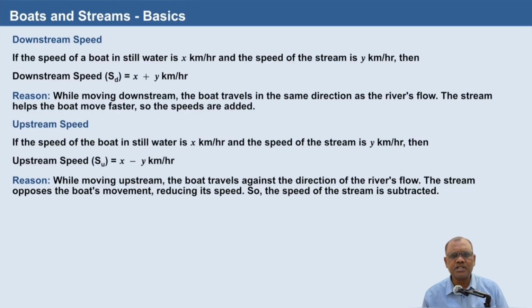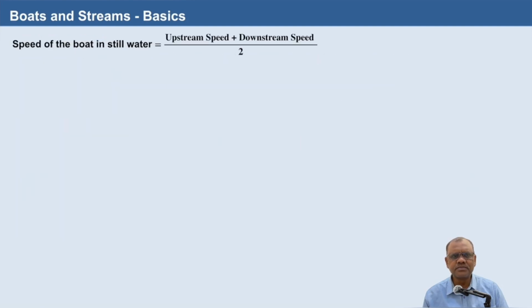The stream opposes the boat's movement, reducing its speed. So the speed of the stream is subtracted. Speed of the boat in still water: the formula is upstream speed plus downstream speed divided by 2. This formula gives the speed of the boat in still water.